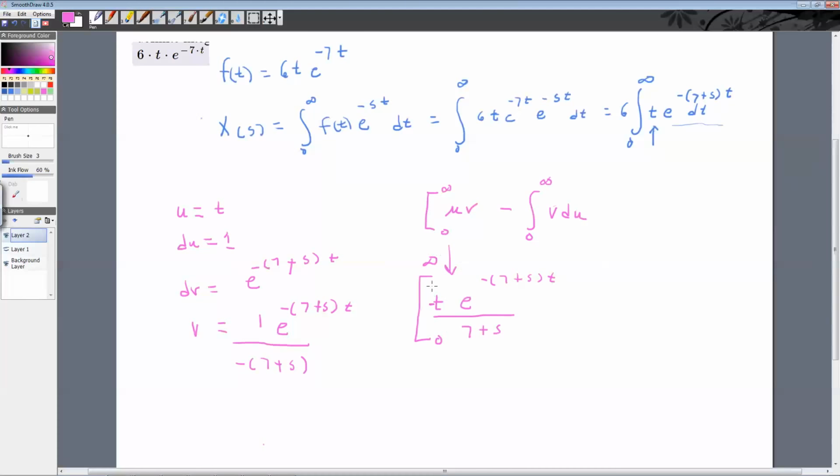At infinity, this is getting very big, but this is exponentially getting very small, so it should go to 0. Then at 0, this makes this 1, but 1 times 0 is still 0. So we get rid of it.